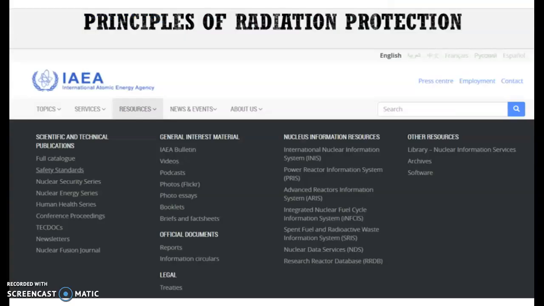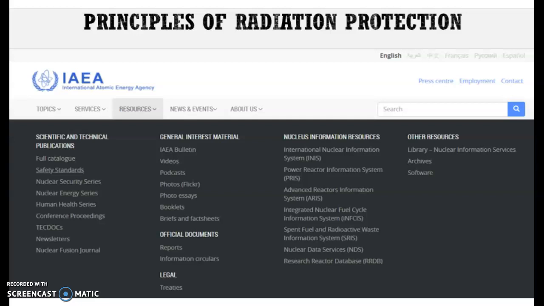The ICRP and the IAEA publications are readily accessible online. ICRP Publication 103, for example, defines the process of justification, optimization, and limitation, and it is a free resource online. All you have to do is sign up.